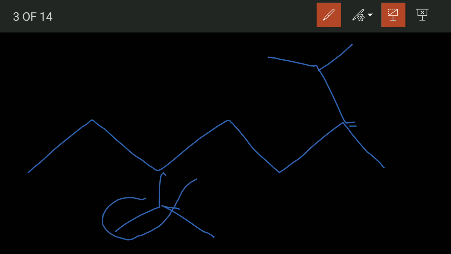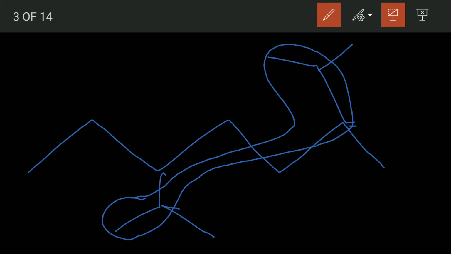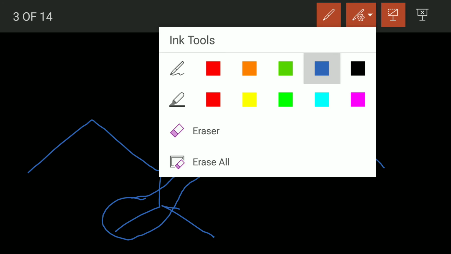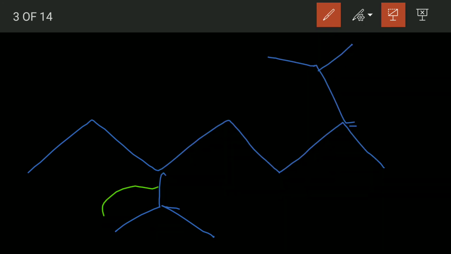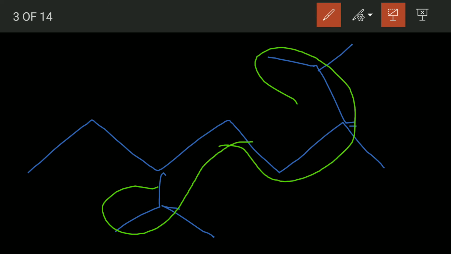This one, right? Why? Because of the number of locants. So here the number of locants are more, so this is our parent chain.